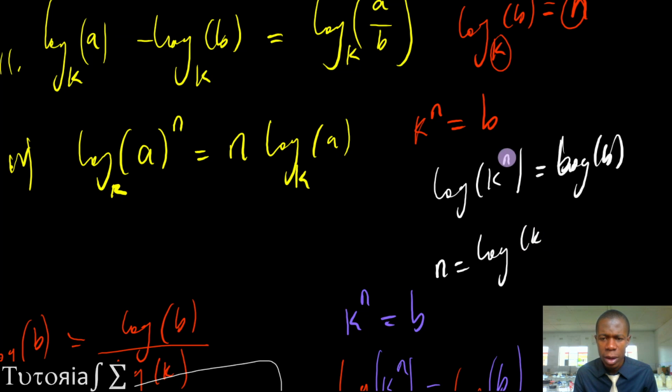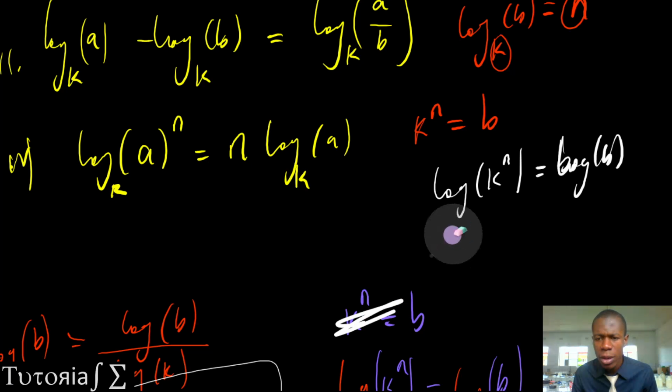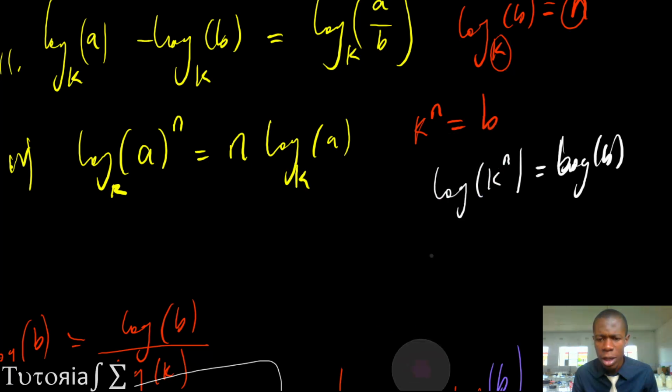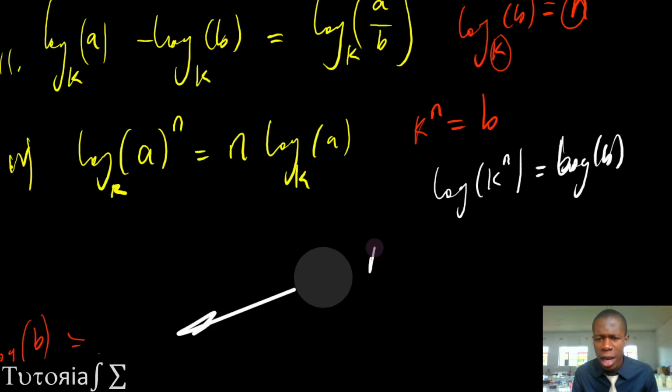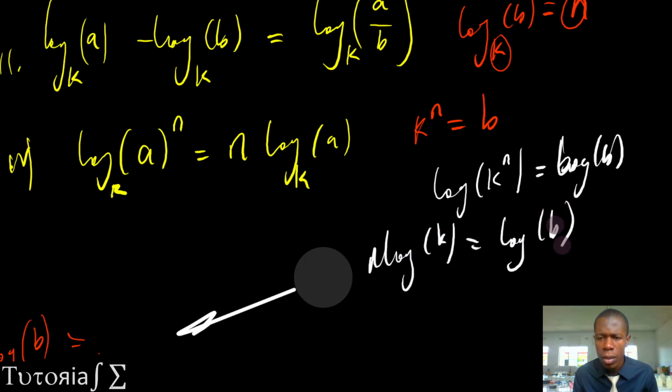Sorry, we drop the power. So when we drop the power, we're going to have n log k is equal to log b, and simply n will be equal to log b over log k.